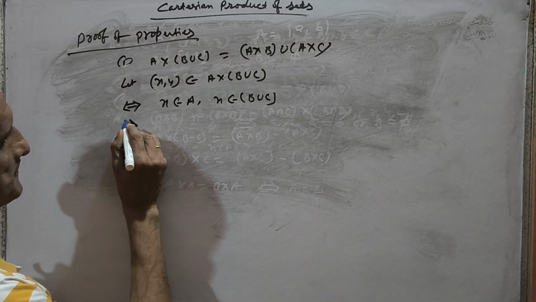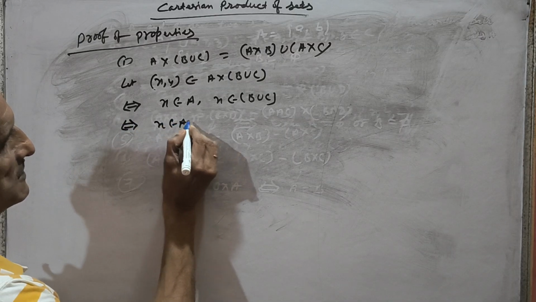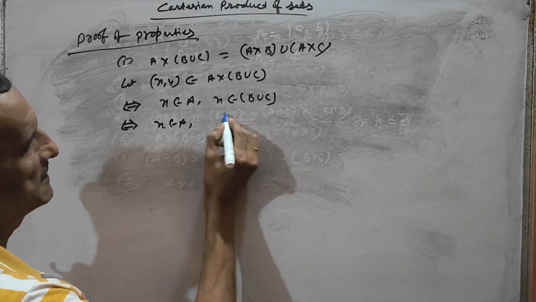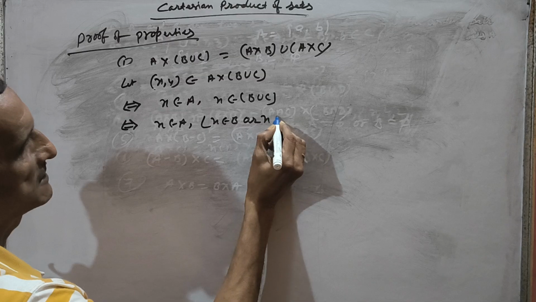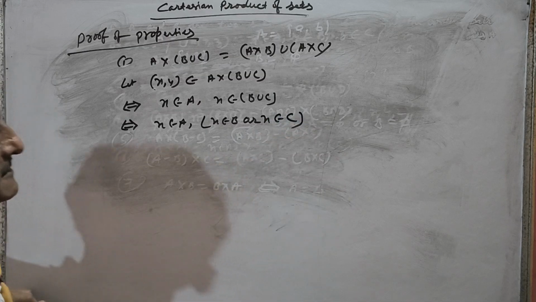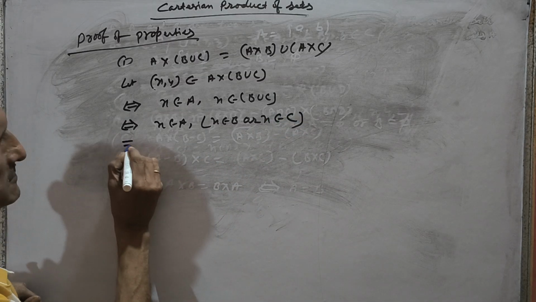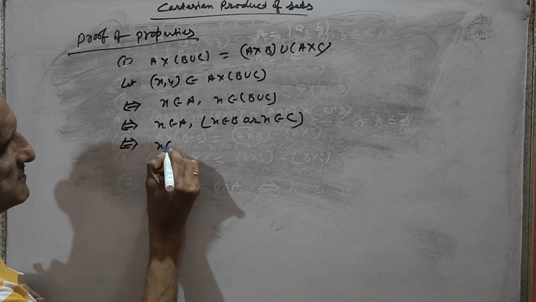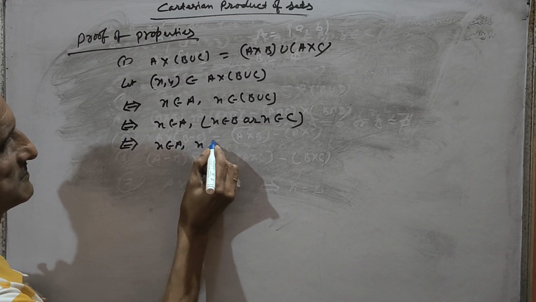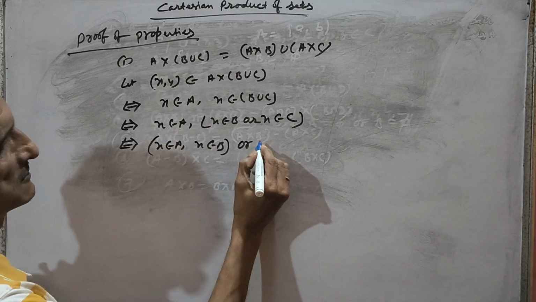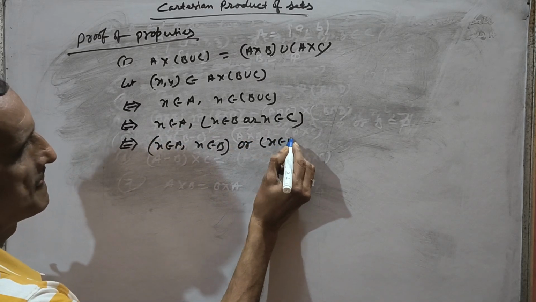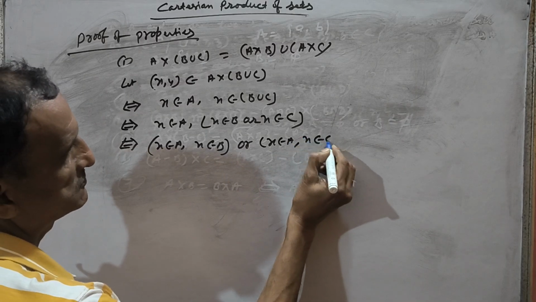Now here x belongs to A and write the meaning of this: y belongs to B or y belongs to C. And distributive you can use: x belongs to A, y belongs to B together, or x belongs to A, y belongs to C.